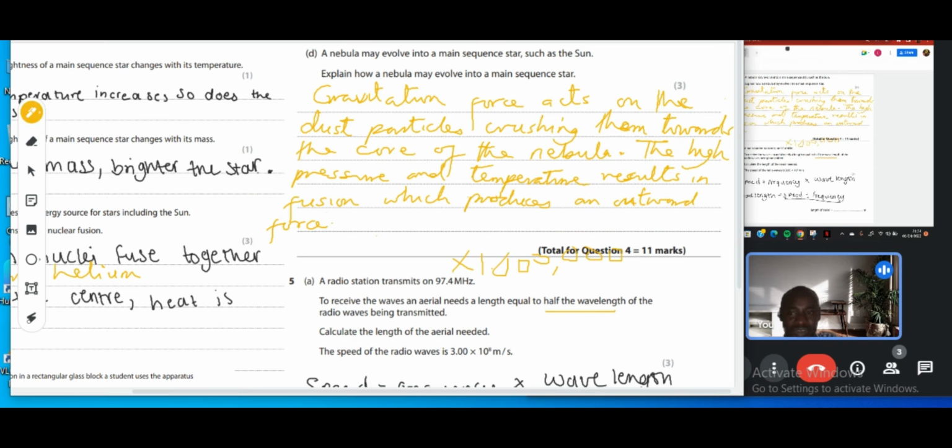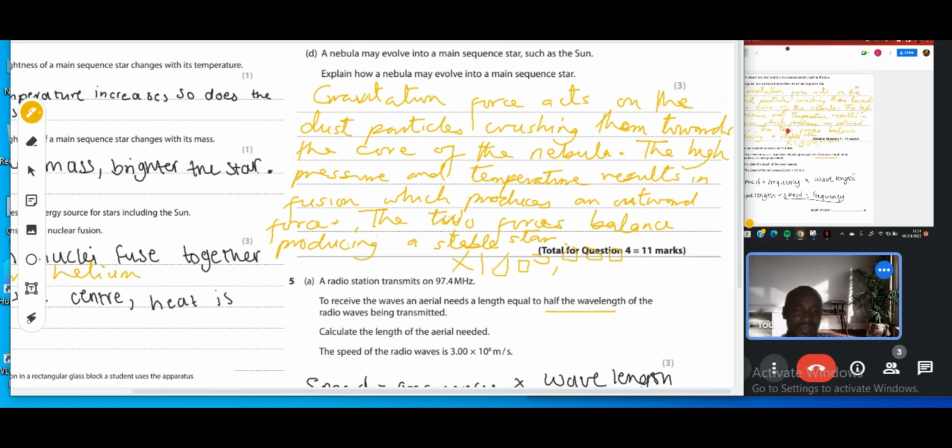Now, when these two forces are balanced, the two forces balance, producing a stable star. You see that? Producing a stable star.